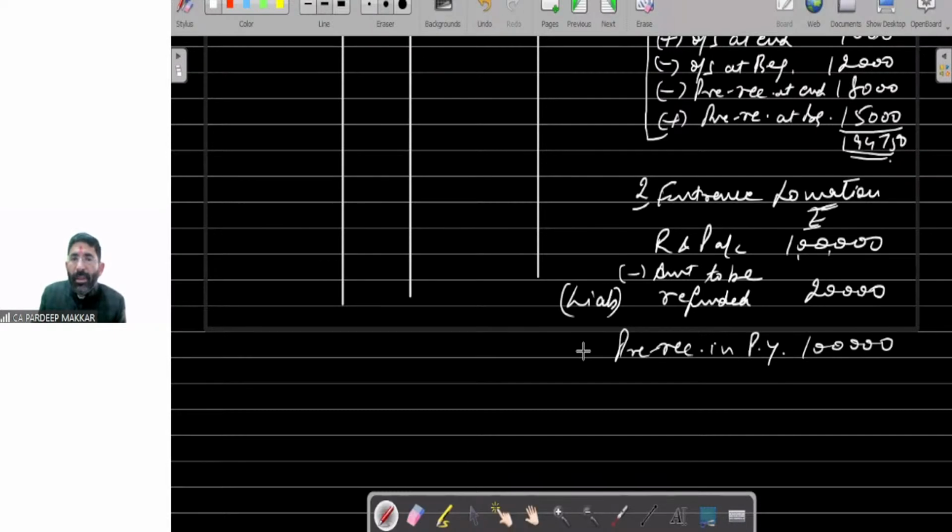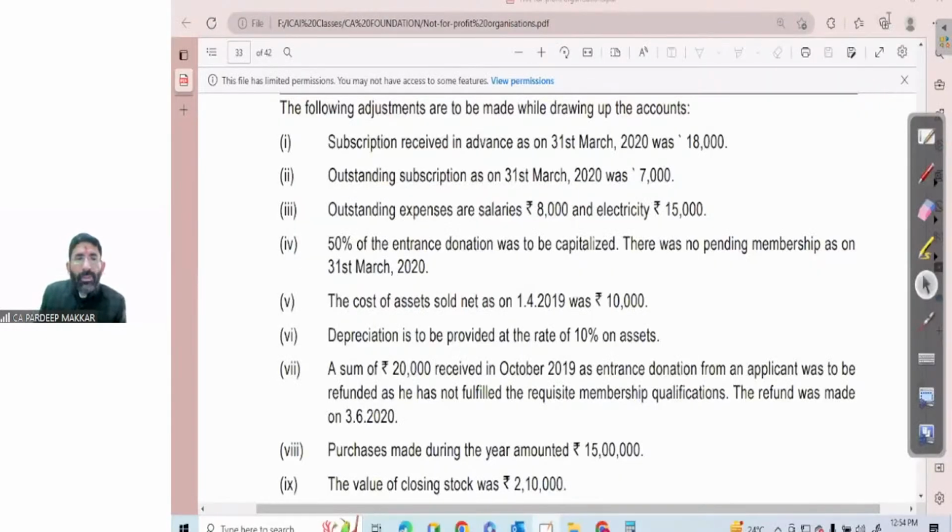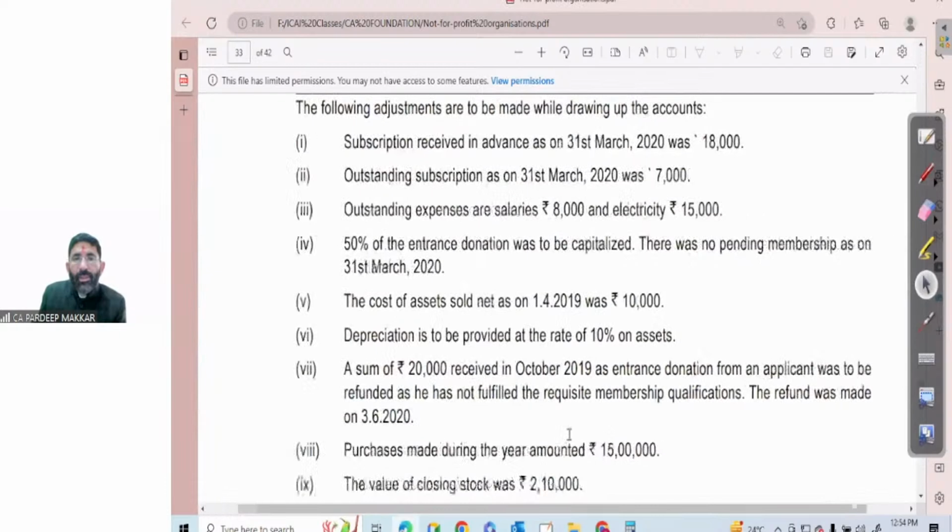So whatever pre-received income is there, it is to be added back. So this amount of rupees 1,80,000 is there in total. Now what it says, 50% of the entrance donation was to be capitalized.